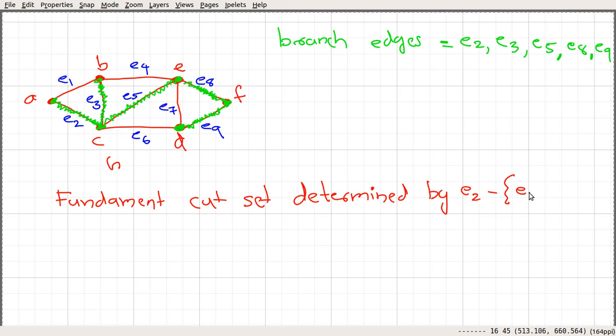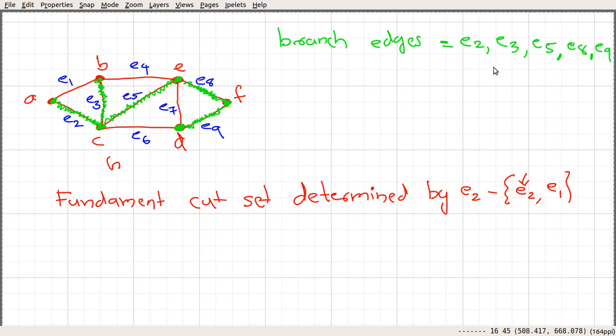That says E2 is the only branch edge that belongs to that cut set. If E2 is there, then we can put E1. We can see that this set is a cut set, and it contains only one branch edge, in this case E2. So that is a fundamental cut set. Whereas E2, E3, E5, E6 form a cut set, but it is not a fundamental one because it has many branch edges.